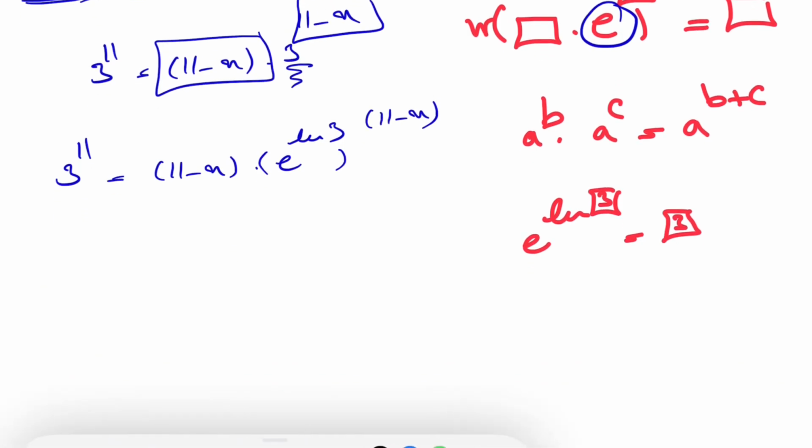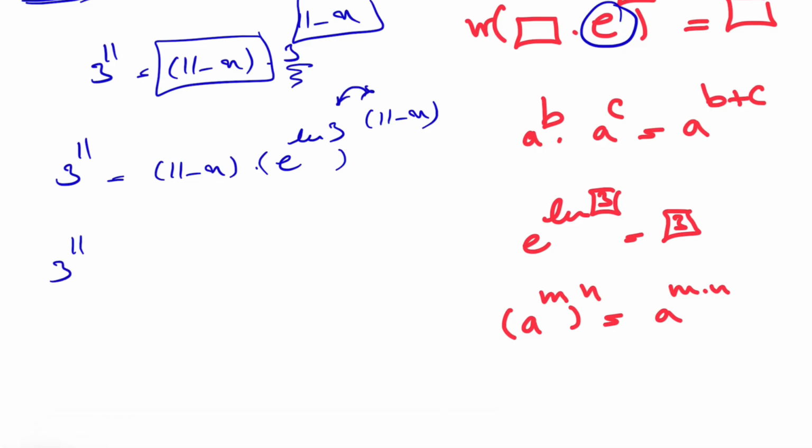From the laws of the exponent, when we have a to the power of m to the n, this is equal to a to the power of mn, so we can multiply these two. So 3 to the 11 is equal to 11 minus x times e to the power of 11 minus x times ln of 3.